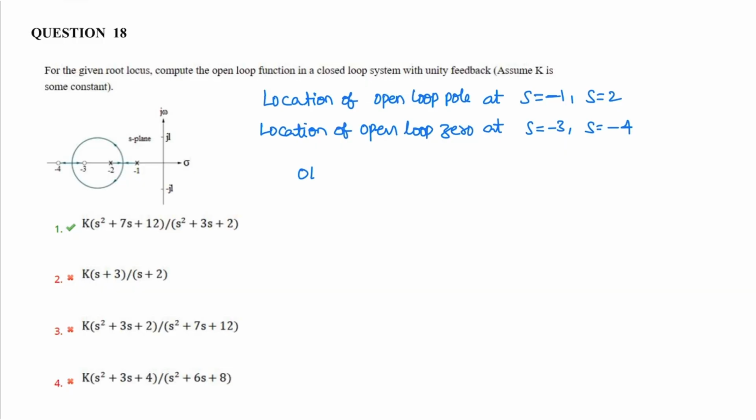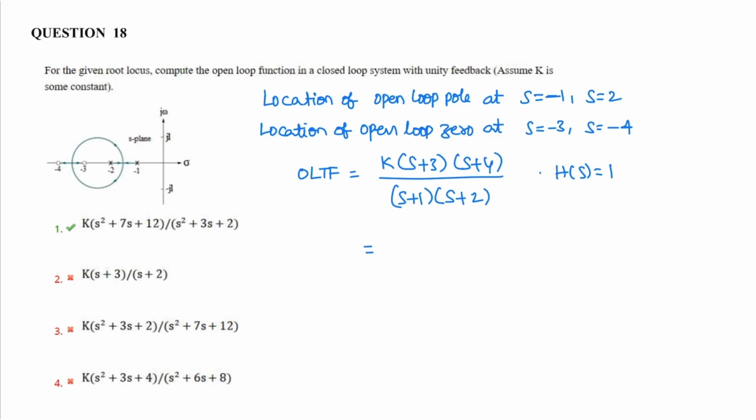From this, the open loop transfer function is K into (s plus 3)(s plus 4) by (s plus 1)(s plus 2), and the value of H(s) is 1 as per the question.